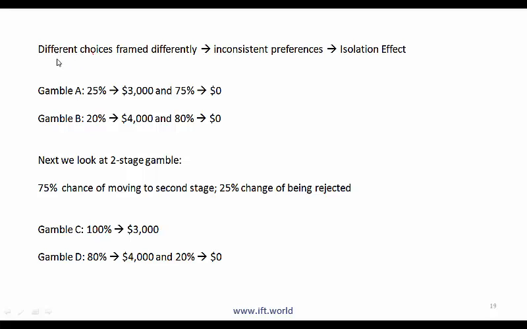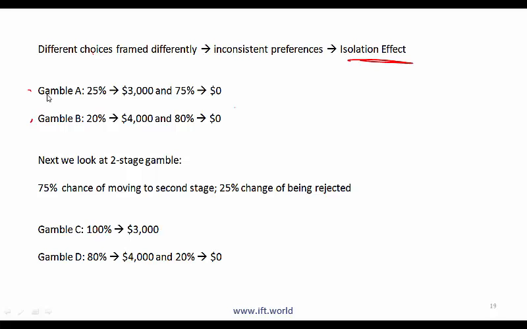Now, if you have two different choices and you frame them differently or set them up differently, then it is possible that there is inconsistency in your decision-making process, and that you might have inconsistent preferences, and that's called the isolation effect. Now this example is from the curriculum and I'm going to explain it. Let's say that you can make two gambles.